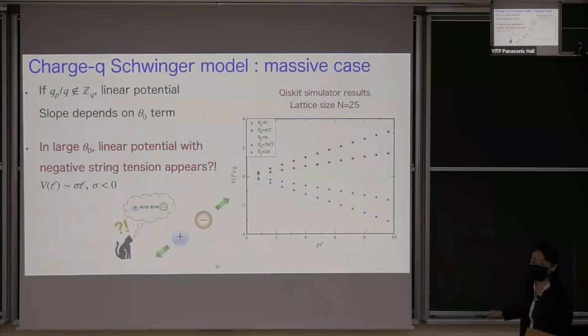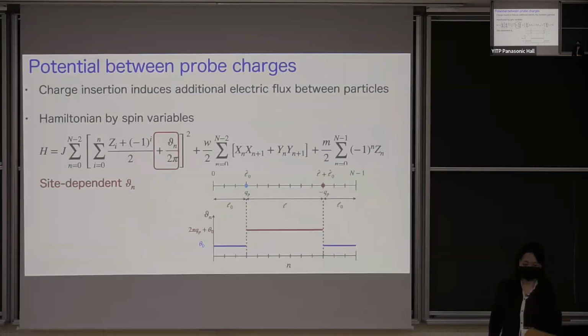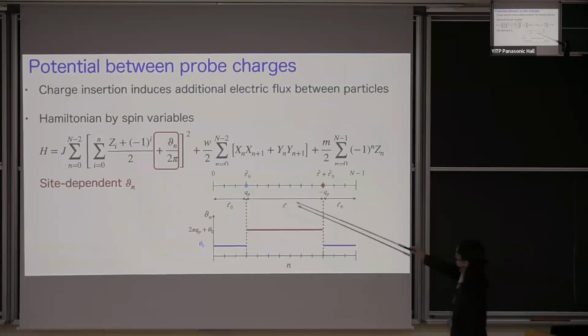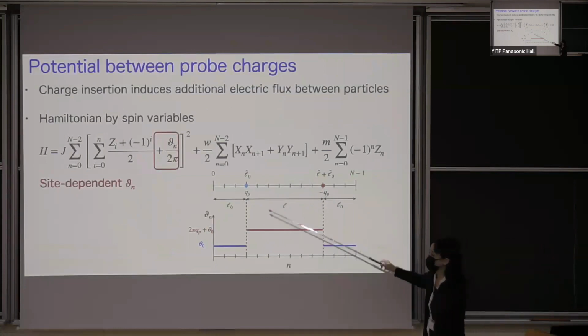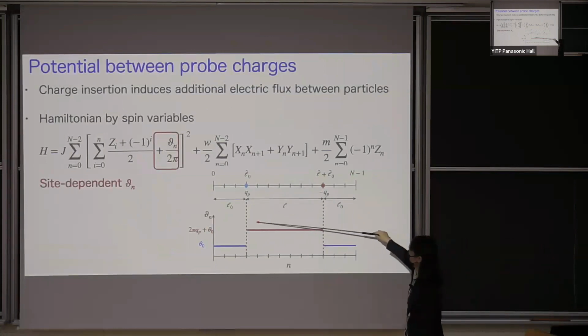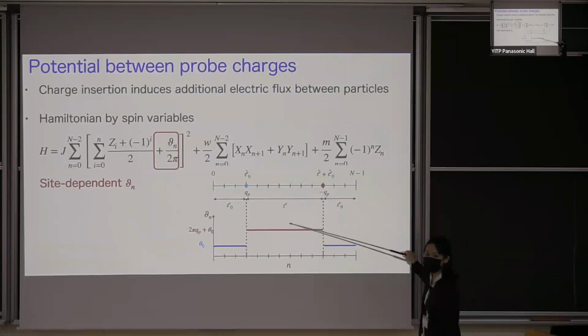But I have a question. Usually we put a source with distance L and measure the energy. But why does this H of L correspond to putting a source? Actually, the source is a probe charge, and this probe charge generates the extra electric flux.